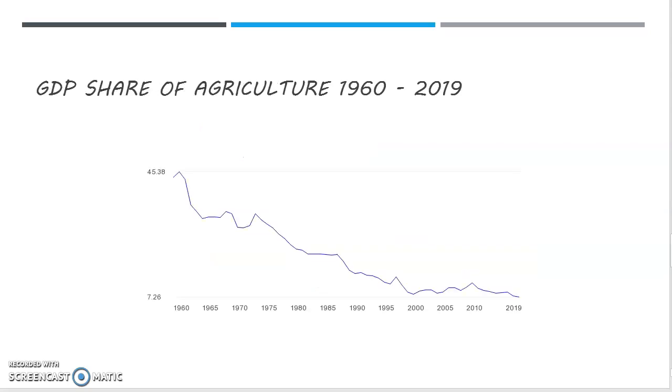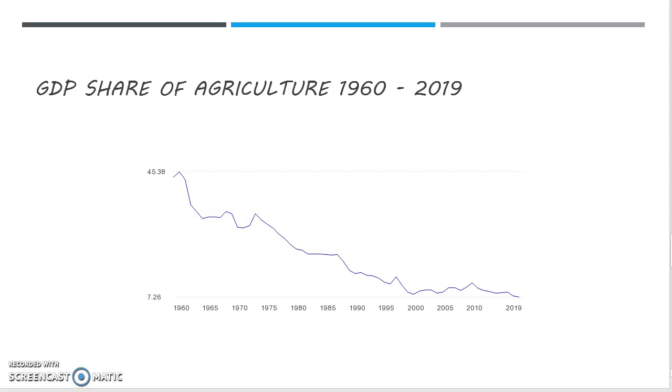Okay, now let's take a look at the GDP shares of agriculture from 1960 until 2019. So in 1960, nearly half of the income from our GDP came from agriculture. That was 45.4%. Throughout the years, the GDP share of agriculture has kept declining.